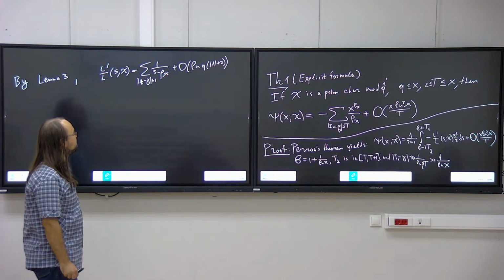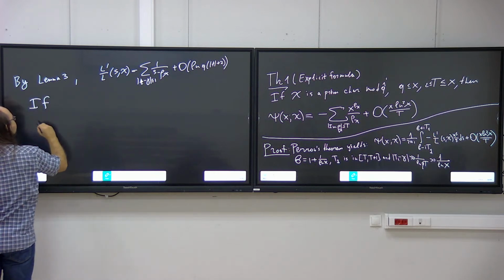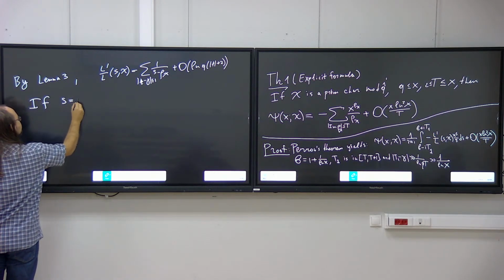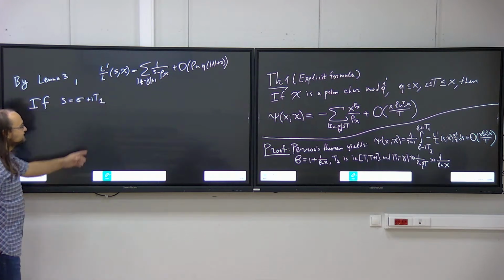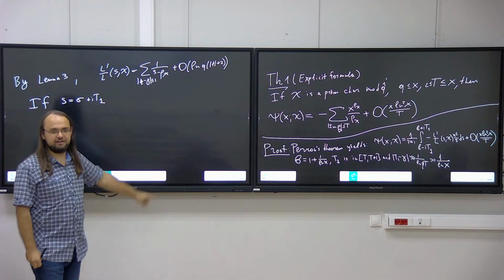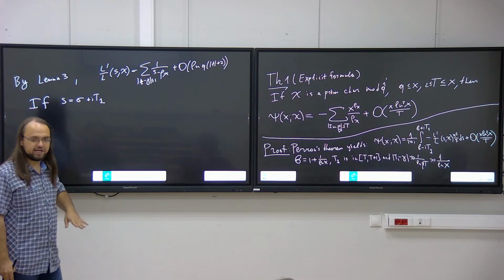Now, what do we have here? Well, if s is equal to some sigma plus i t1, then every summand here will get you at most log x, right?